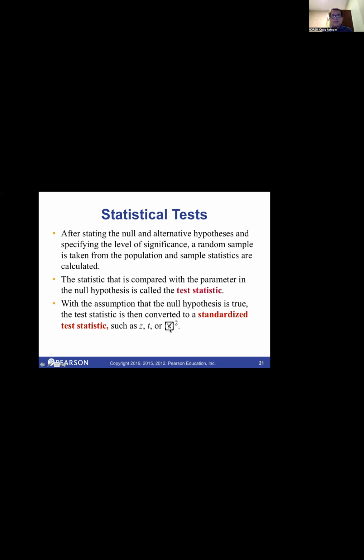The spelling of chi is C-H-I, then square, S-Q-U-A-R-E. So these are the common ones: the Z-test, T-test, and chi-square. But later we have so many other types.